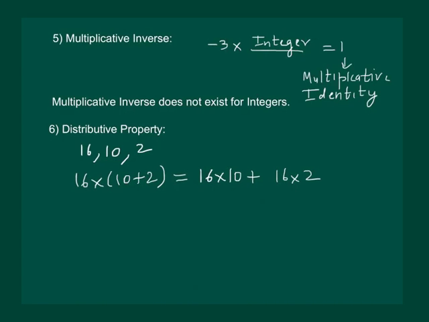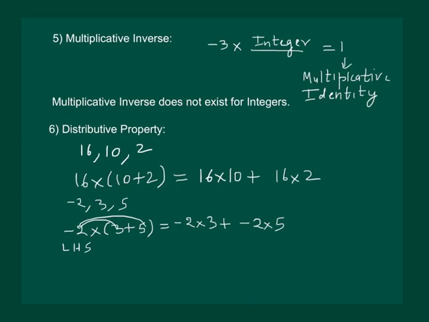Similarly, if we have minus 2, 3 and 5 such that we have to perform minus 2 into 3 plus 5, this can be written as minus 2 into 3 plus minus 2 into 5. We can check for ourselves by solving the left hand side and right hand side.